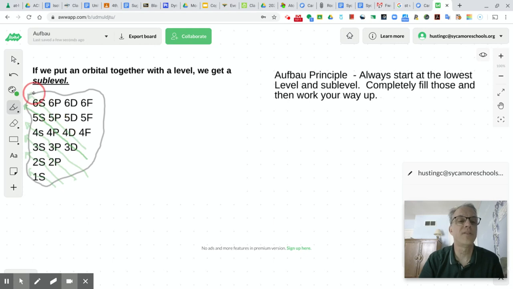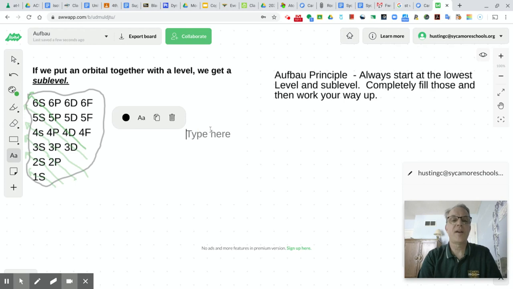So basically what this tells us, and we'll probably never go higher than level 6, but essentially what this allows us to do is that it just says, what are the energy levels and sublevels we start with first? Now remember, anytime we have an s orbital, there's only one of those, and the most we can fit in is 2 electrons.